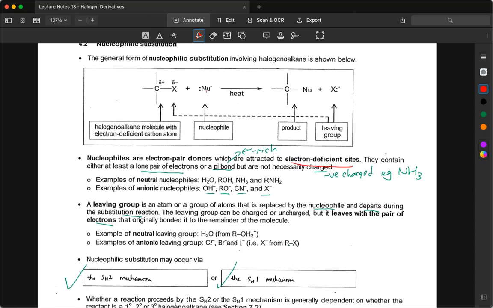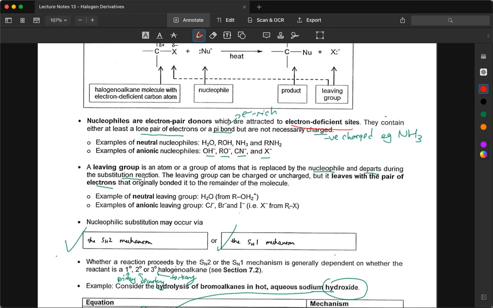If you observe closely, they are attracted to electron deficient sites, so they contain either at least a lone pair of electrons or a pi bond, but they may not necessarily be charged, like ammonia and even water. So we have neutral nucleophiles, where it has a lone pair of electrons or a pi bond, or we have anionic nucleophiles which are charged, like shown.